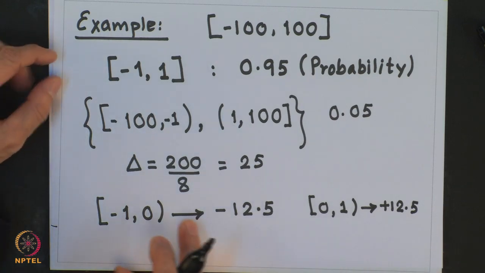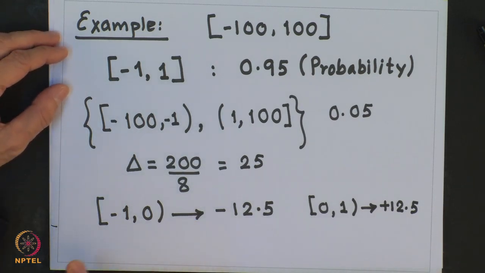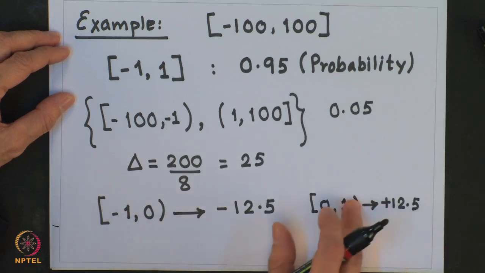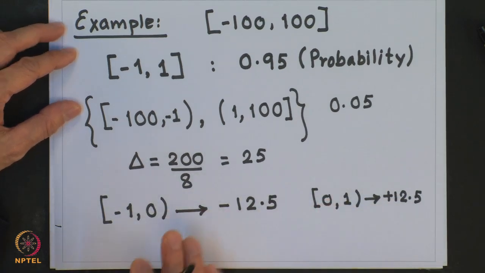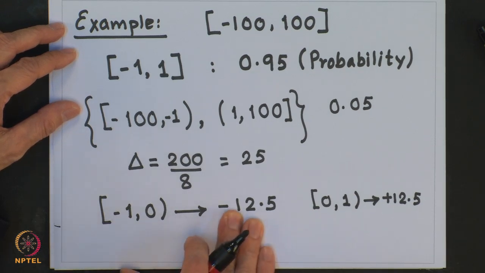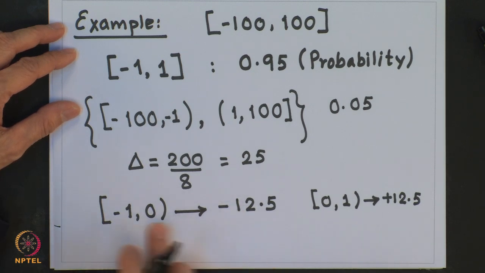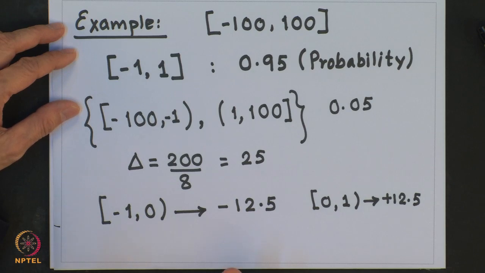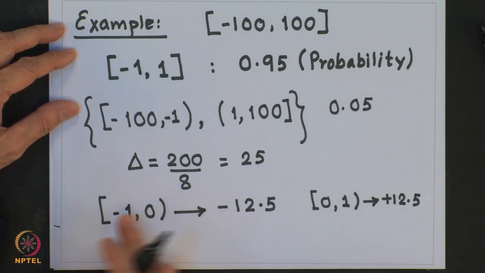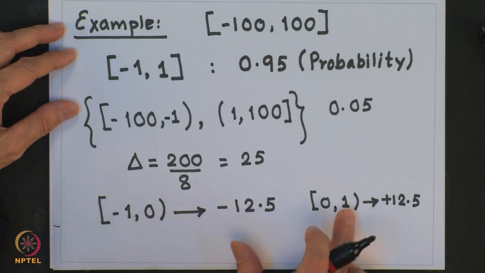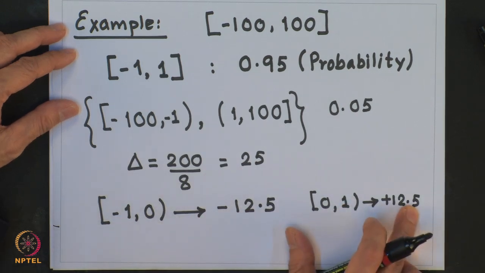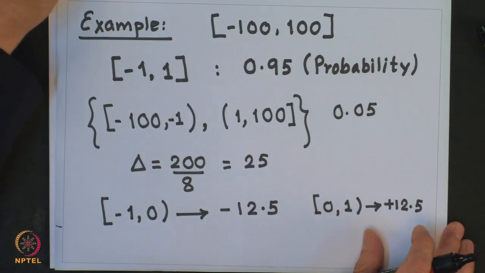So, the maximum quantization error that can be incurred when it lies in any of these intervals will be 12.5. However, at least 95% of the time the minimum error that will be incurred is 11.5. So, obviously, this is not a very good design.